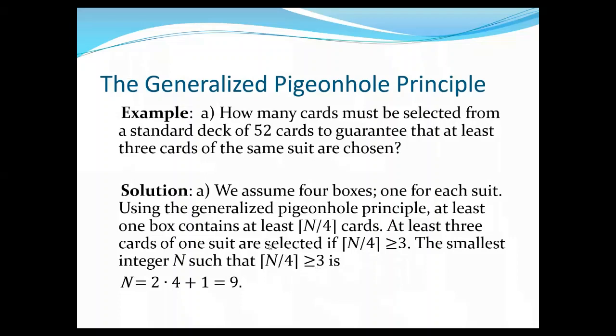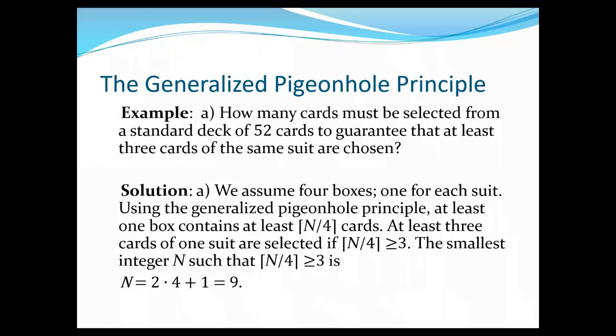So what is the answer of this? 9 divided by 4 is 2 and 1/4. Ceiling, that's 3. So therefore, the number of cards that you need to get from the deck to have 3 cards of the same suit is 9 cards drawn.